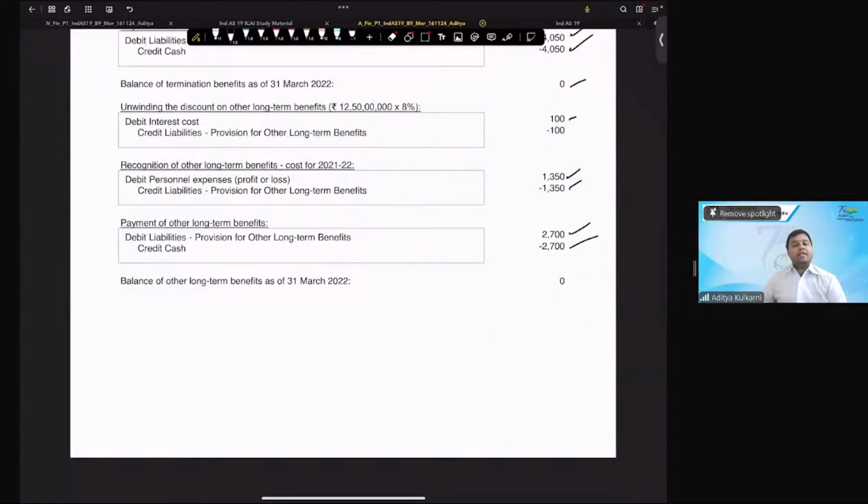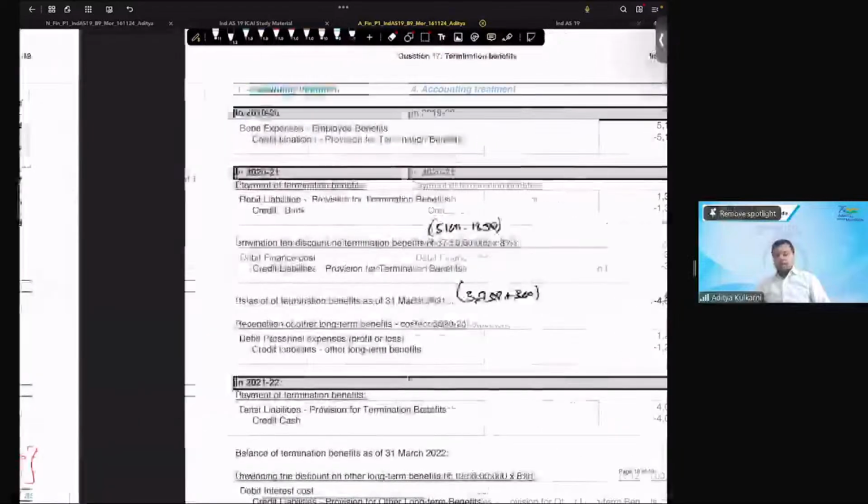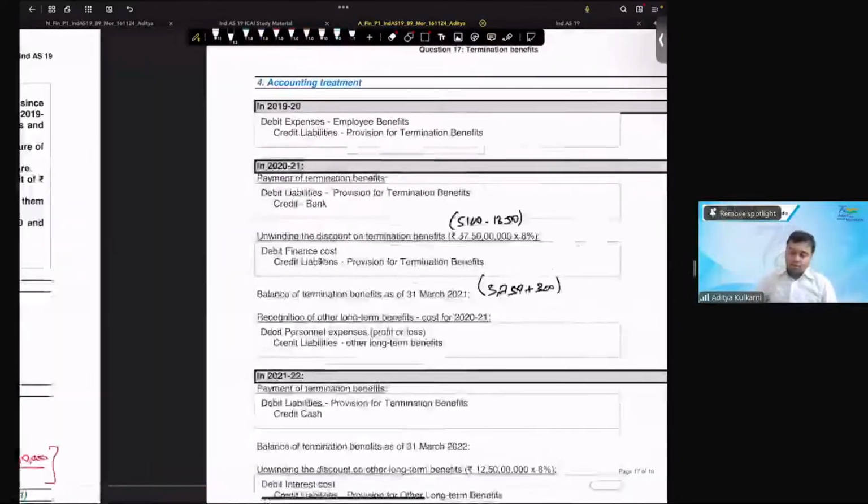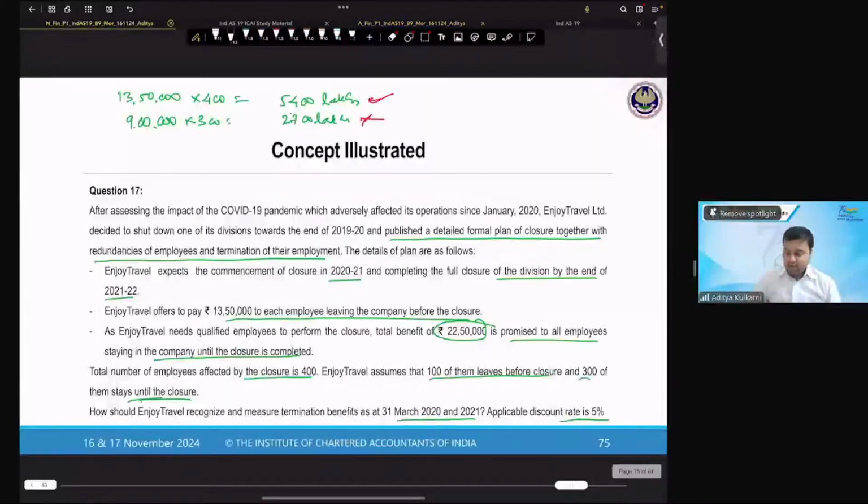Finally, I make payment of 2,700. So that is also closed. So this is a combination of service benefits spread over 2 years and the termination benefits that will be settled partly in the current period, partly in the next period. Is it okay? Yes.